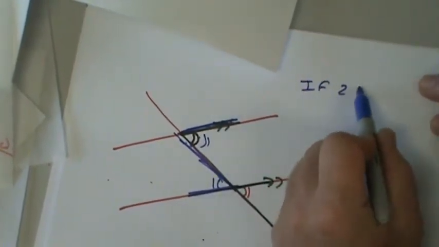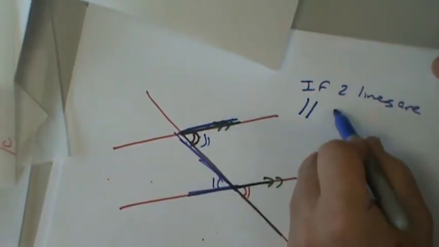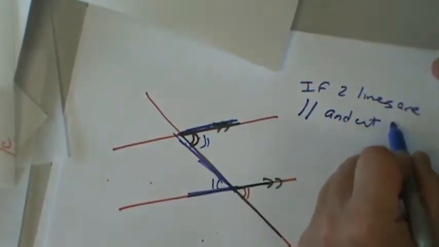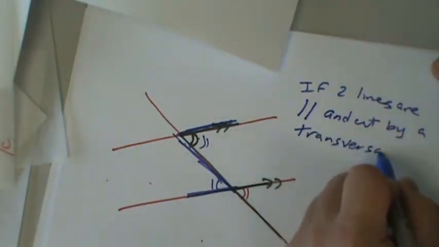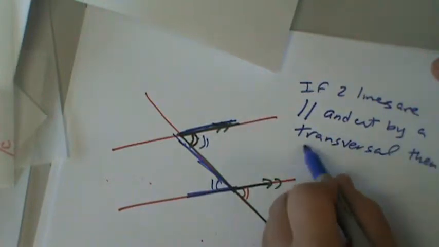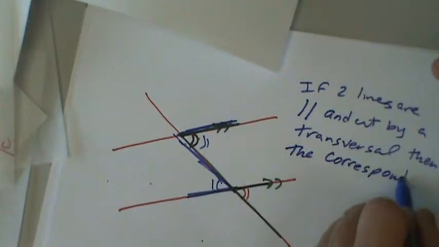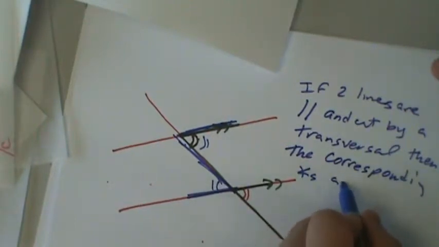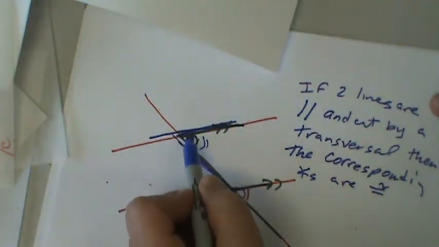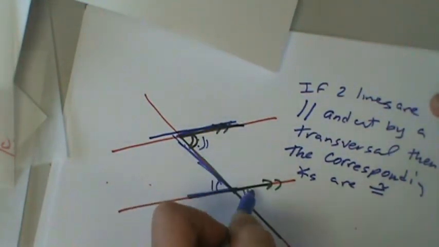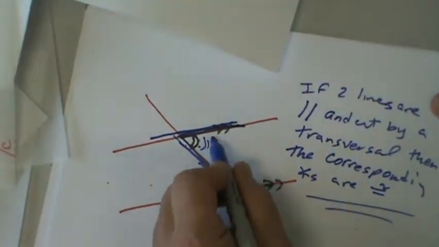If two lines are parallel and cut by a transversal, then the corresponding angles are congruent. And the corresponding means, since this is the parallel line, this is to the right side below, this will be to the right side below. It's the same location.